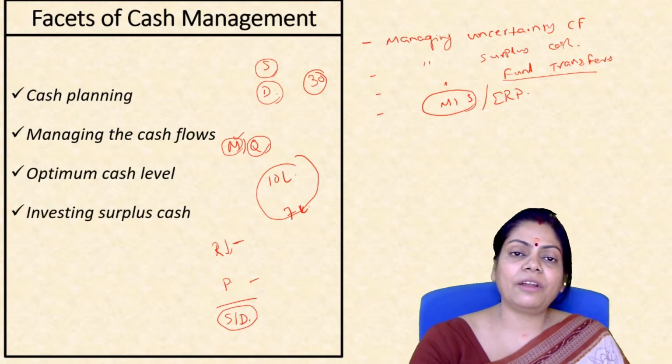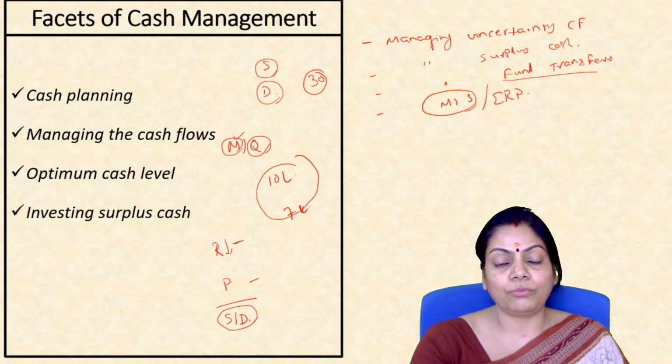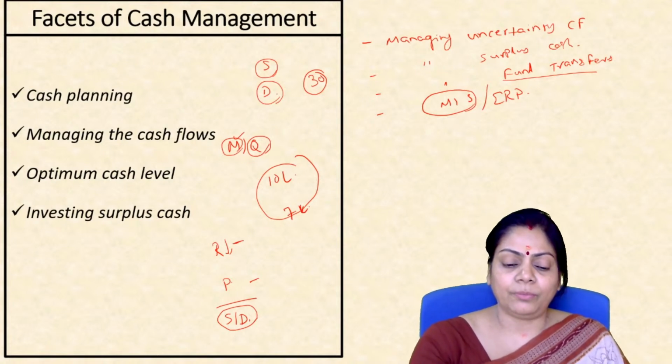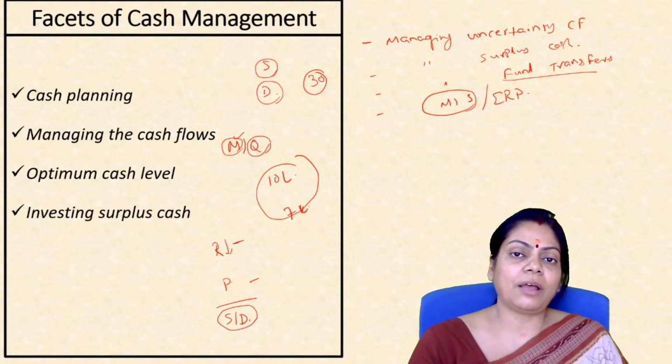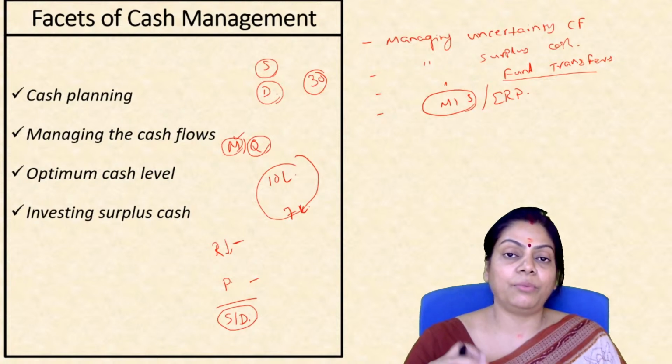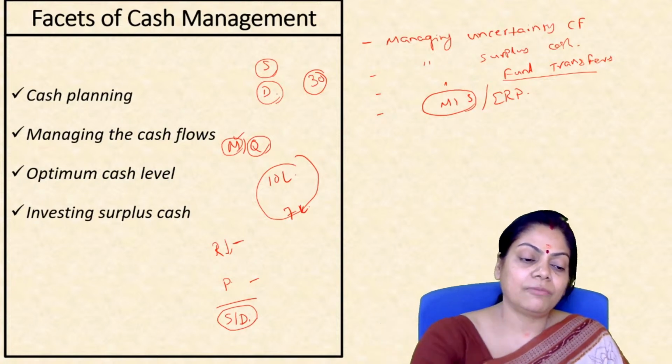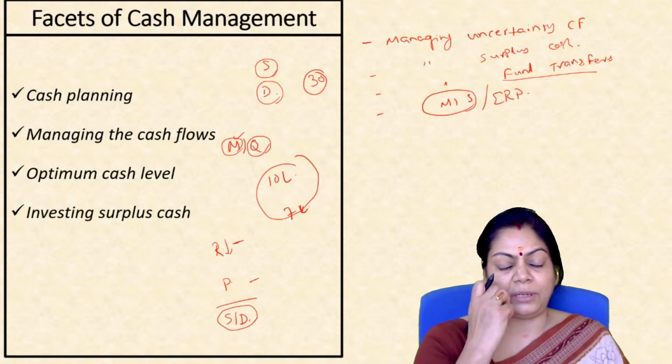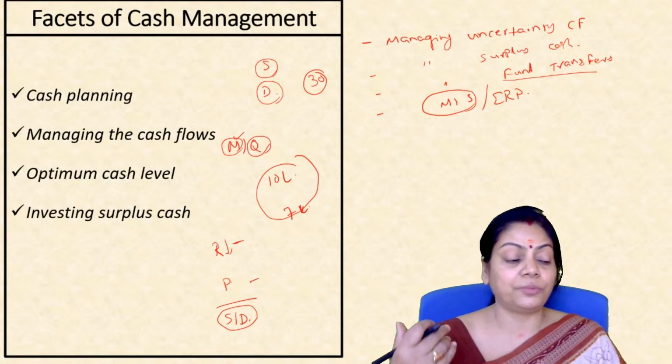There could be several formats of how you manage your MIS. It varies from one organization to another. Depending on the kind of business you have, you can design your ERP and your MIS in a way which will capture the various expenses on the MIS cash report.